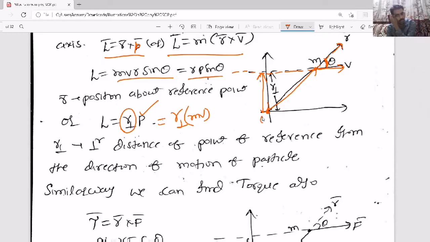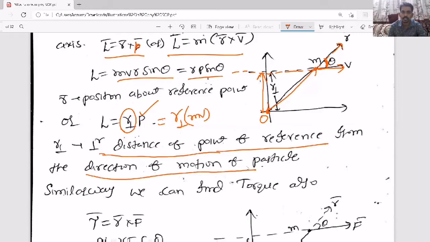So you need to first specify the reference point, then only you can find the angular momentum. Here I have clearly mentioned what is r perpendicular: the distance of the point of reference from the line of direction of motion of the particle.